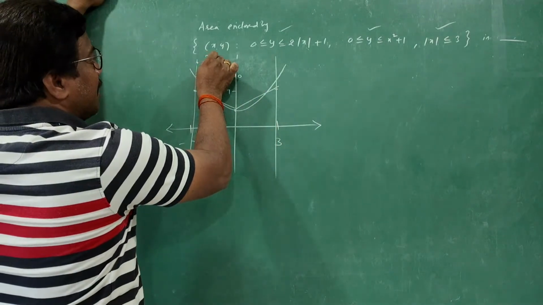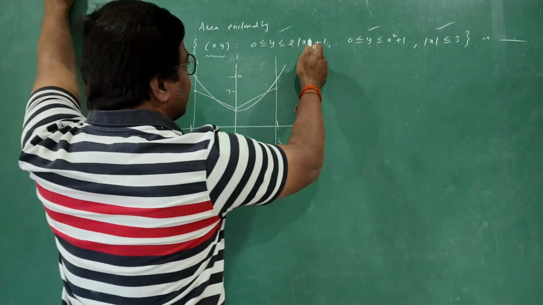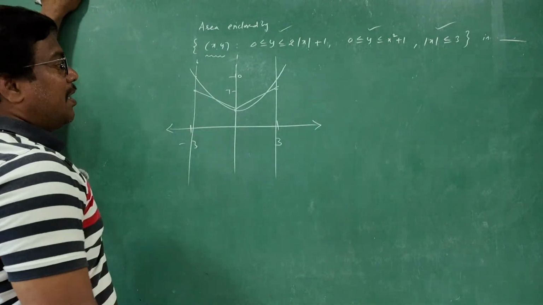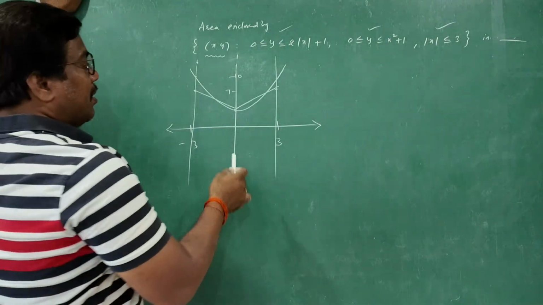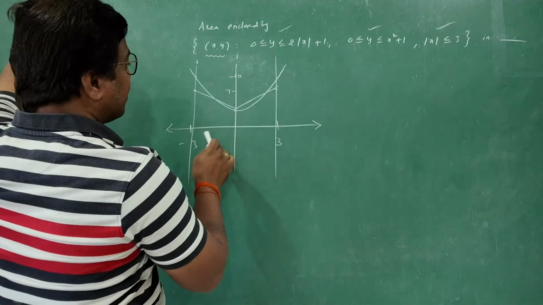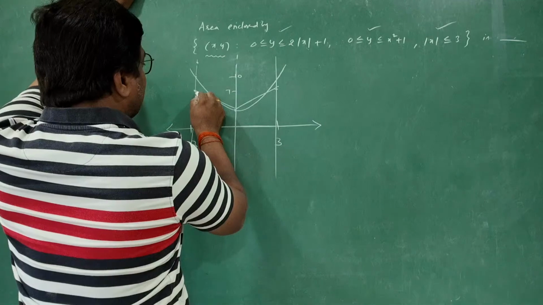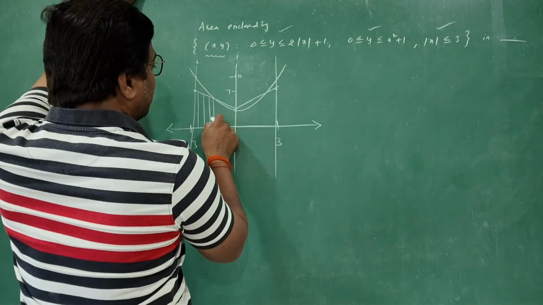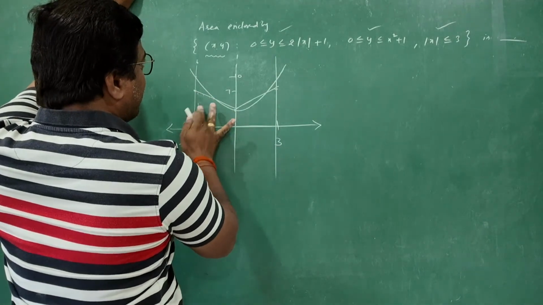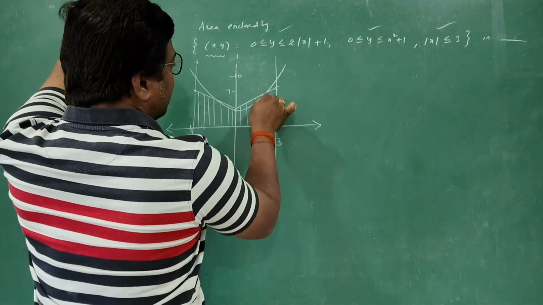Let us see the ordered pairs in between the x axis and 2 times mod x plus 1, as well as the x axis and x square plus 1, and minus 3 to 3. Nothing but you will get the area enclosed by all these. Here it is y equal to 0, the x axis. For the first one, this is the condition.